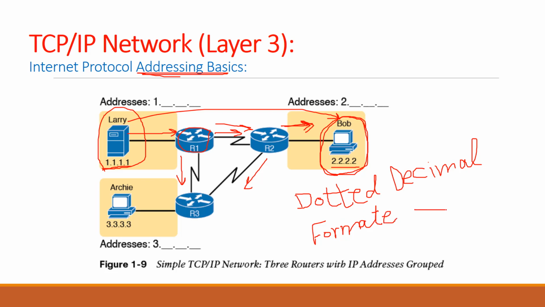And it has 4 octets, and each octet can have a number. Larry and Bob want to communicate with each other, and each one has a unique address. The first thing we explained was the routing, and now we explained the addressing of the IP protocol.